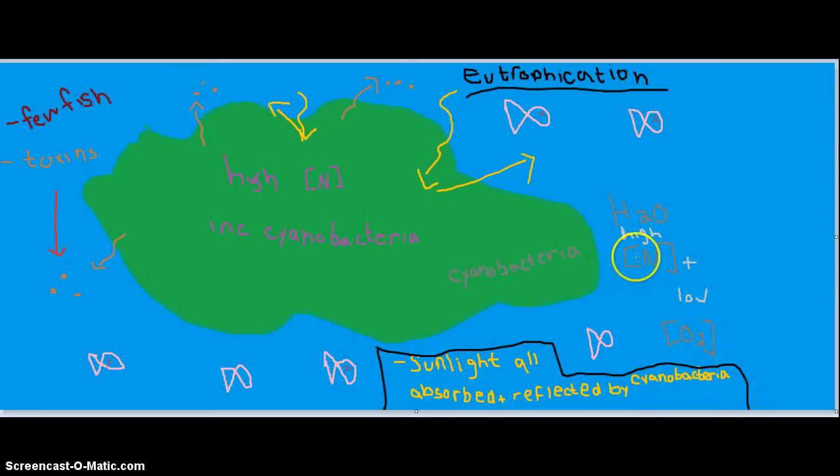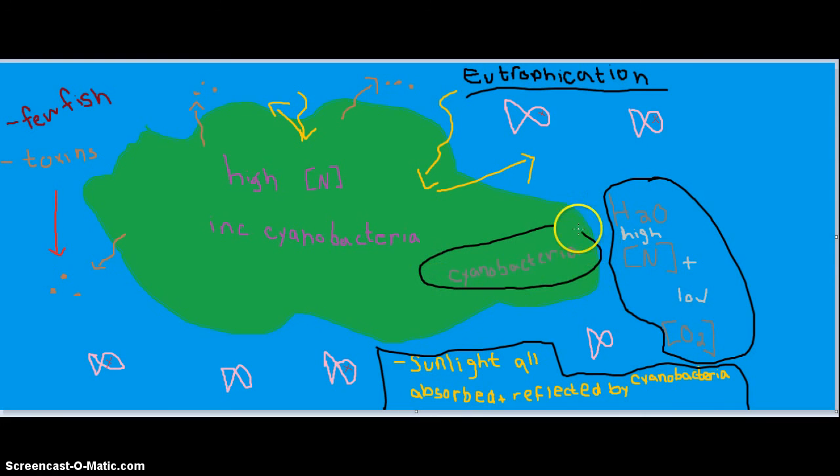And also, in cases of high nitrogen, there is also a low oxygen concentration in the water, because this cyanobacteria and algal bloom is taking in all of the oxygen, as well as microorganisms that are decomposing the dead cyanobacteria that have already died.